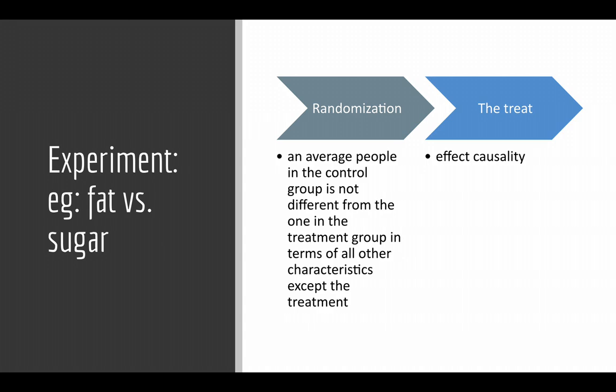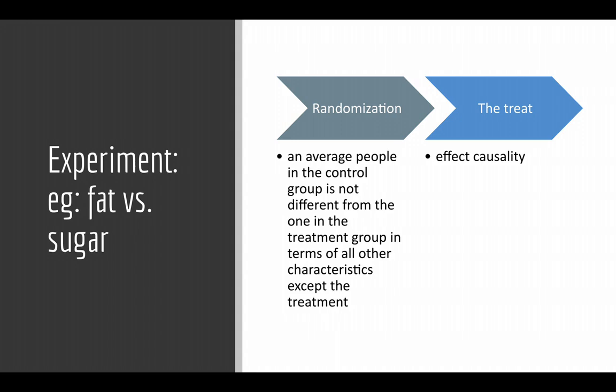Because after randomization, you pick an average person from the control group and compare with another average person from the treatment group, they should be similar to each other in terms of all the characteristics except the treatment, whether or not they got a treatment, right? Other characters, social demographics should be the same.